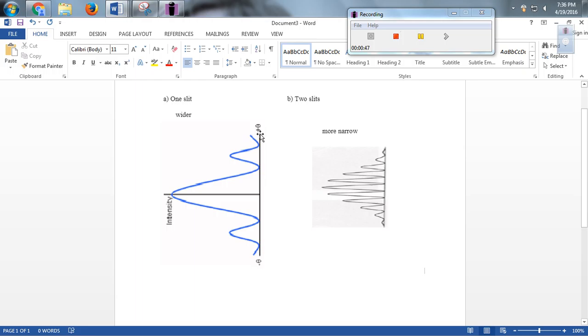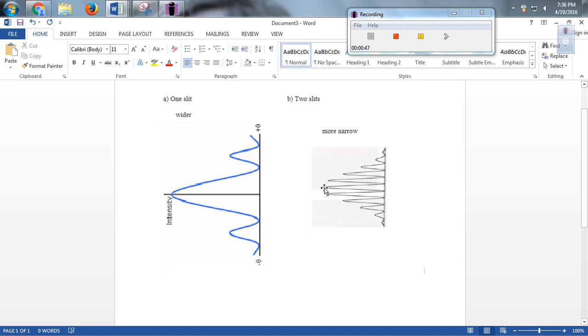And then there's your dim spots, destructive interference there. And then there's another bright spot. It's not nearly as bright as this center one. And then there's another dim spot. So very wide, then dim, a lot more narrow and not as intense for a bright spot, and then there's my dark spot.